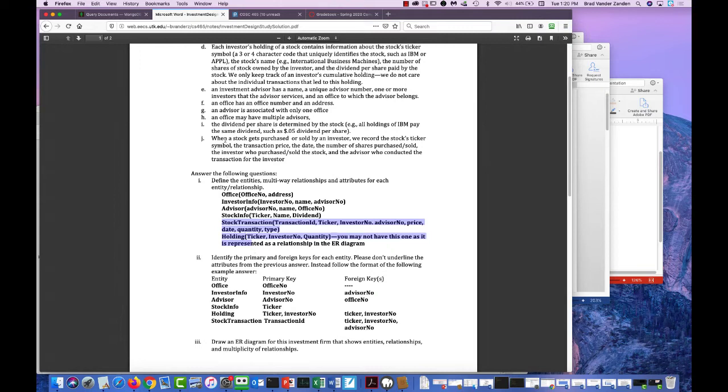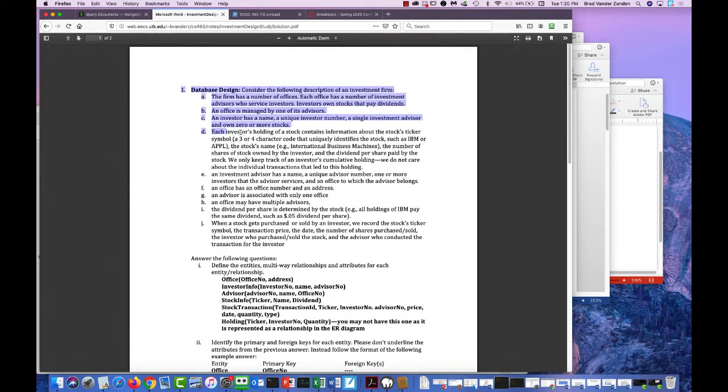One is from the verb that was used to connect them. An investor has a holding of a stock. It was a verb connecting two entities.